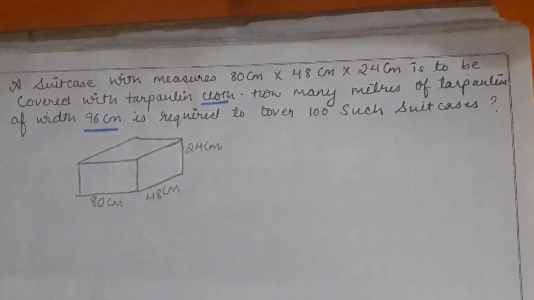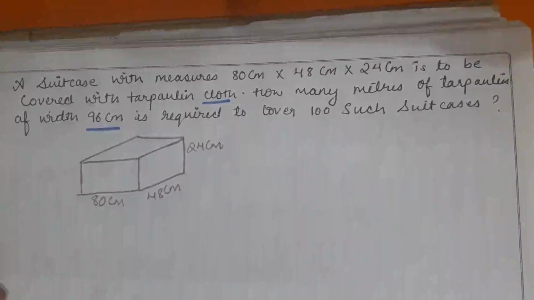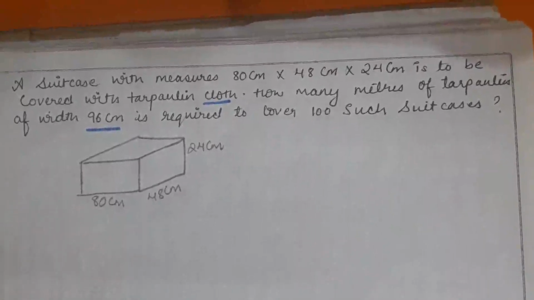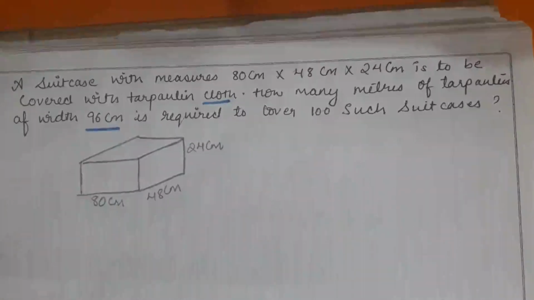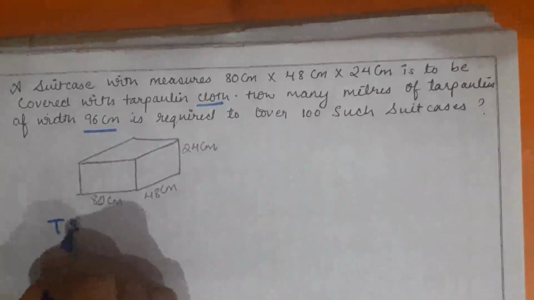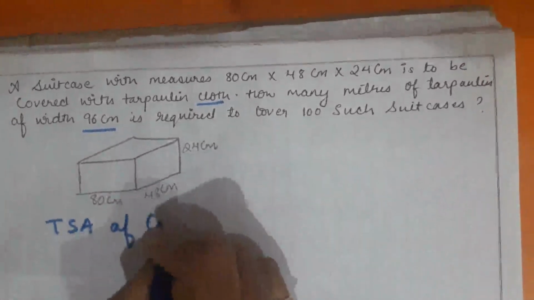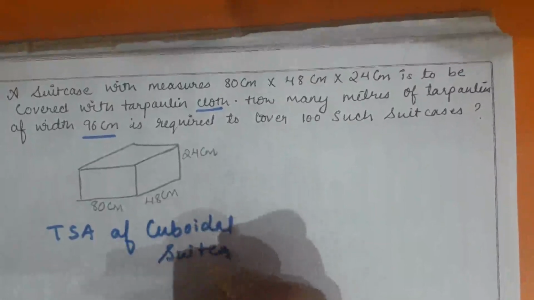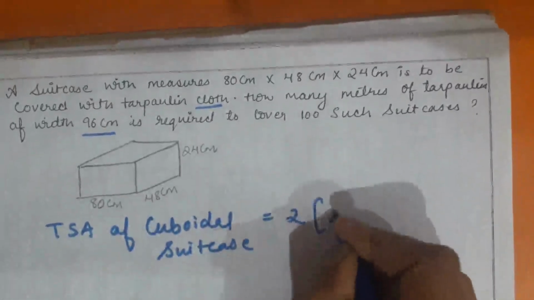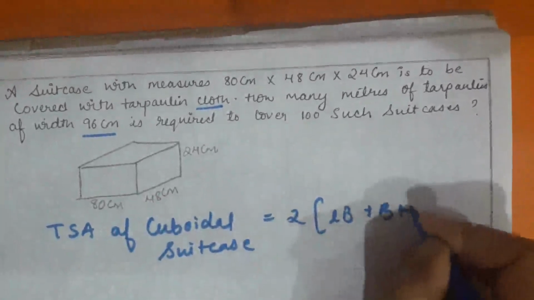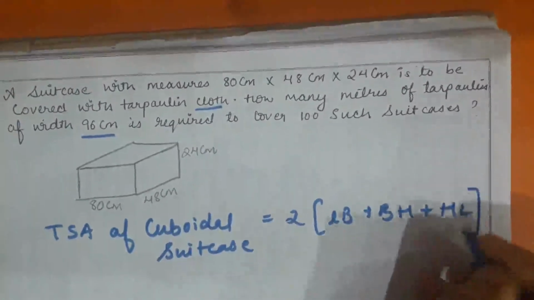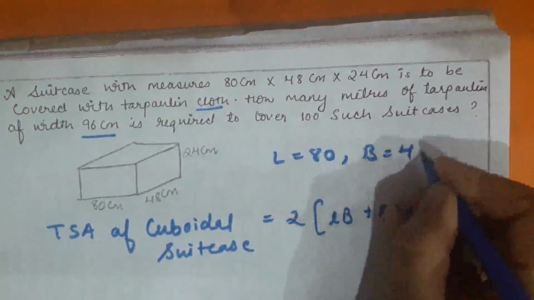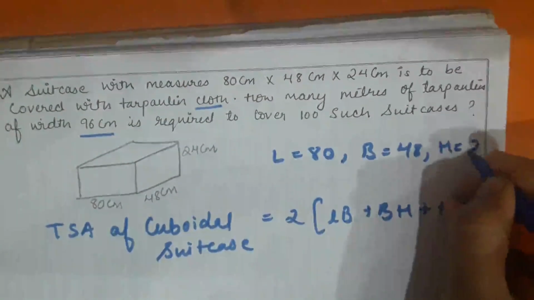So first of all, let's calculate the area of one suitcase. We have to cover the whole suitcase from top to bottom, so we need to find out the total surface area of the cuboidal suitcase. The formula is 2 times LB plus BH plus HL. Length is 80, breadth is 48 and height is 24.